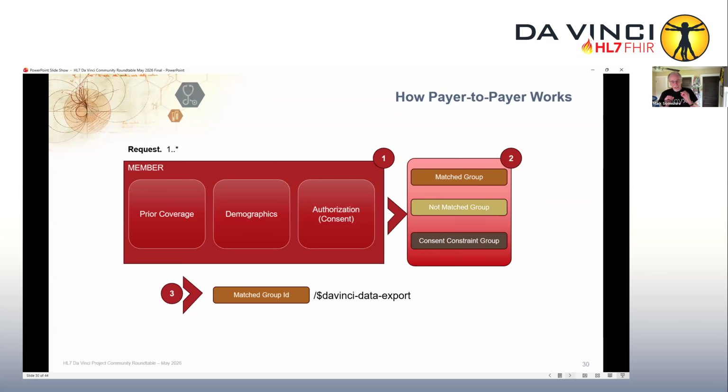We designed this as a deterministic match function. So I am going to give my demographics information, my name, other bits and pieces like my date of birth. That's going to be the demographics. I'm going to give the payer my prior coverage information.